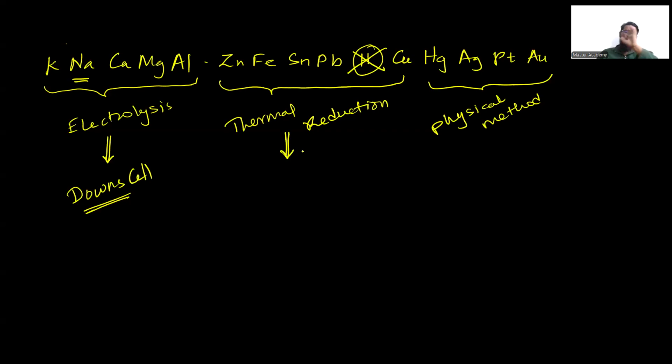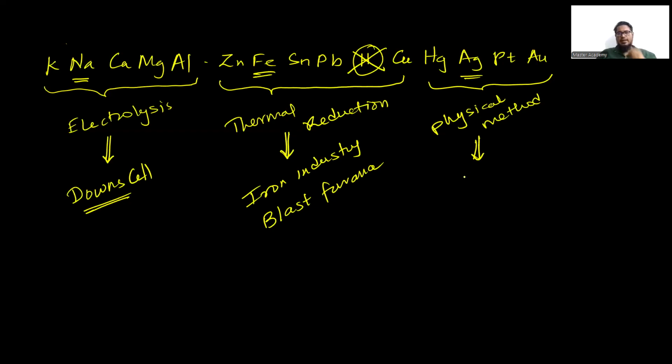Thermal reduction: not in grade 11, in grade 10 itself, we are studying much about the iron industry. That is known as the blast furnace. Physical method: we will be studying about gold. Already in grade 10 also, we got a slight idea.